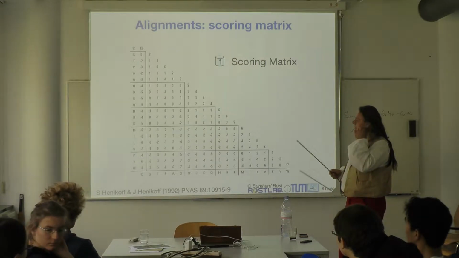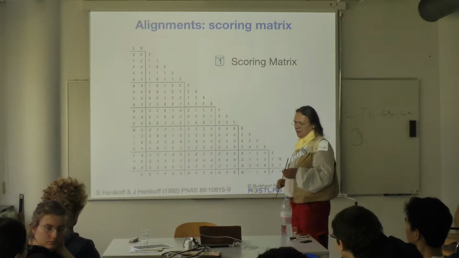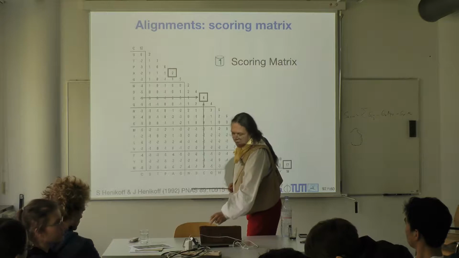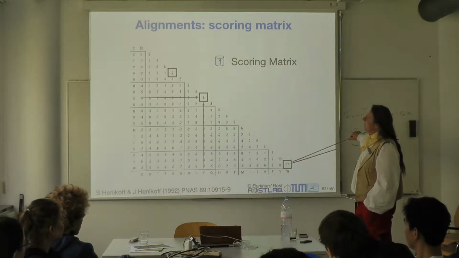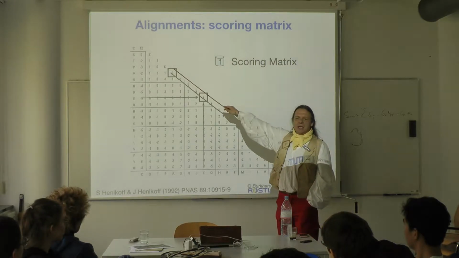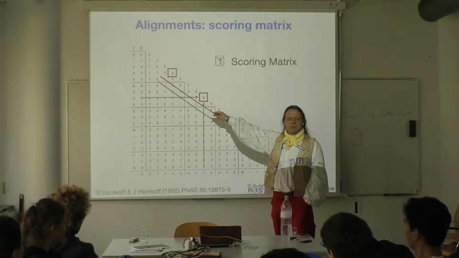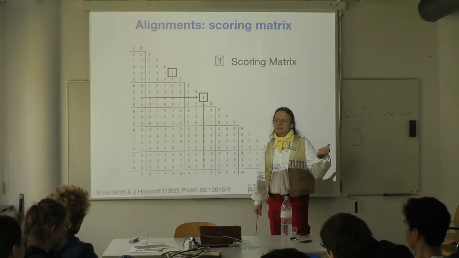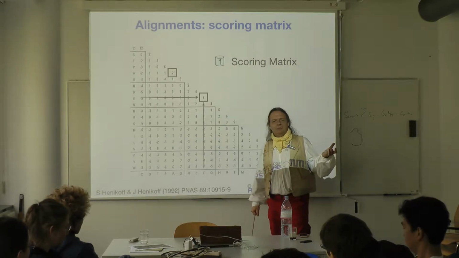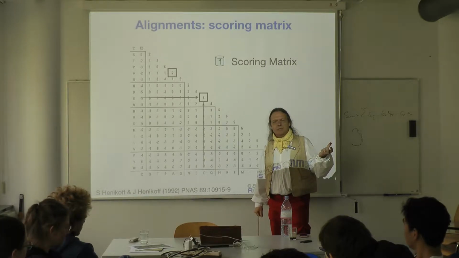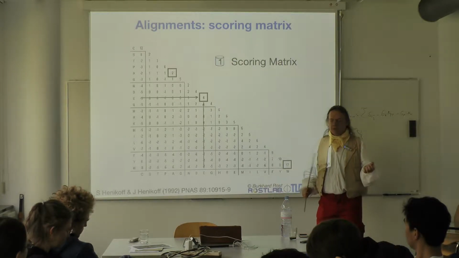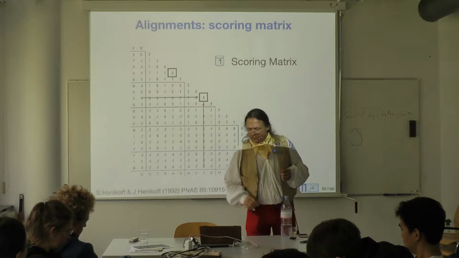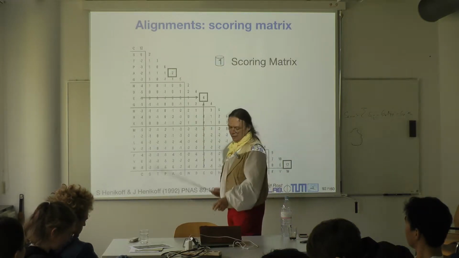So let me just point out some of the facts that are all clear to you. The first one, and sorry for the bad quality of this slide, is that now we have on the diagonal values that differ. So matching the letter, not all letters are equally important to match. The tryptophan down here is much more important to match than in this particular case the alanine here.